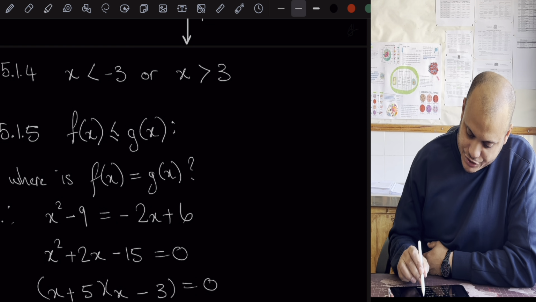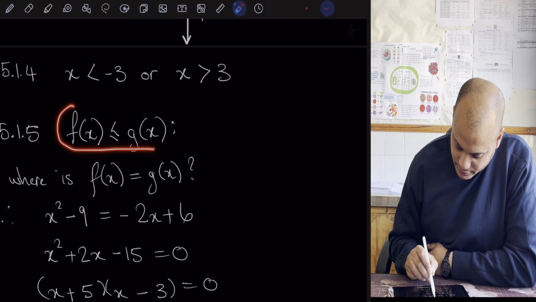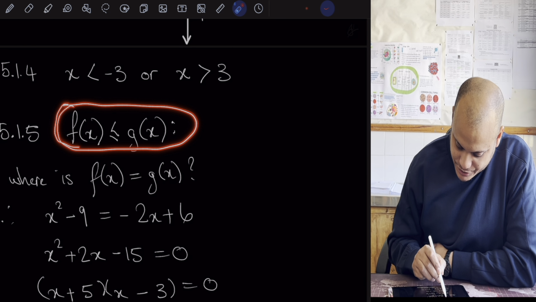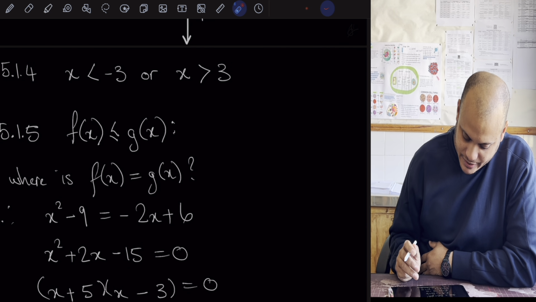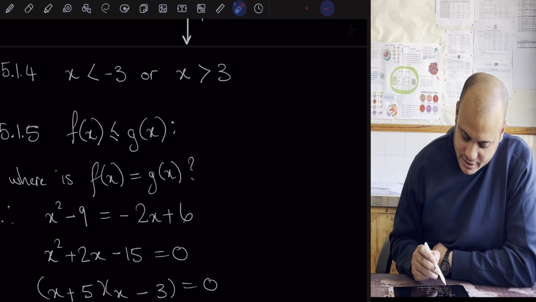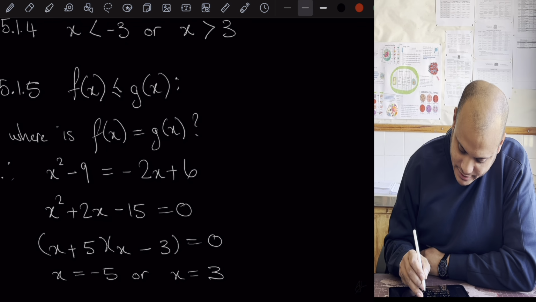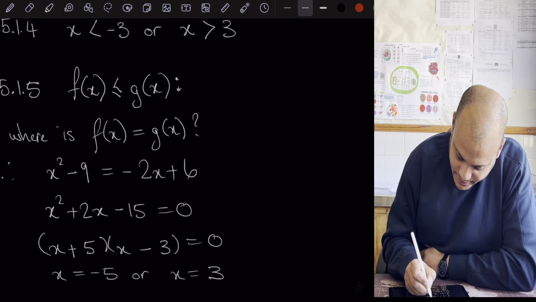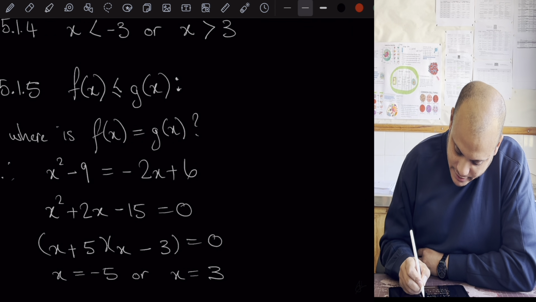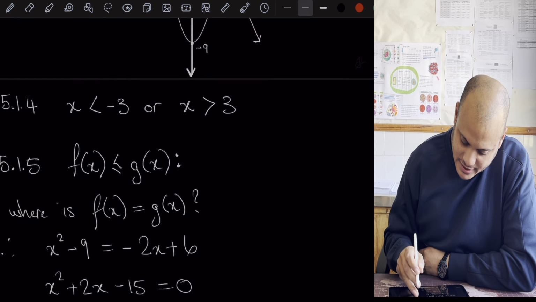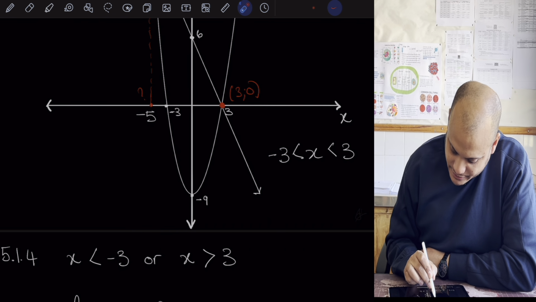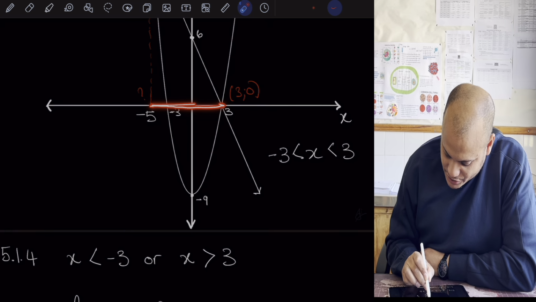Right, so our solution for this question here, because this is the original question that we're busy with: for which values of x is my f of x less than g of x? I'll fill in the answer over here. Remember, it's lying between two values, so it's a region or a set of x values between two numbers. Those numbers are negative 5 and 3.